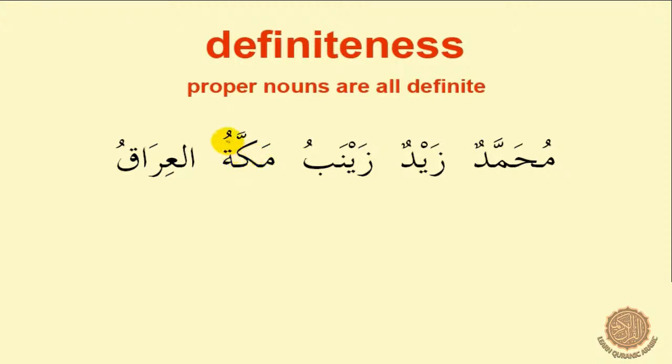And it only takes one Dhamma. Now the point is with feminine proper nouns, they don't accept Tanwin, with rare exceptions. There are exceptions to these rules, and we're just learning the basic rule. And all the exceptions will be taught later on as you progress in your studies, inshallah.